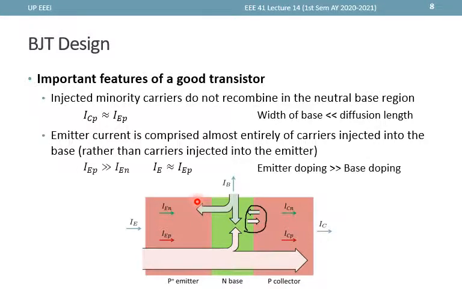So we want IE to be approximately IEP only, and that would happen if IEP is much greater than IEN. That will happen if the emitter doping is much greater than the base doping, and that's why the emitter is always heavily doped, the most heavily doped portion within the material.